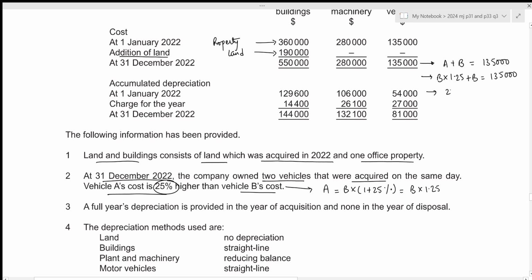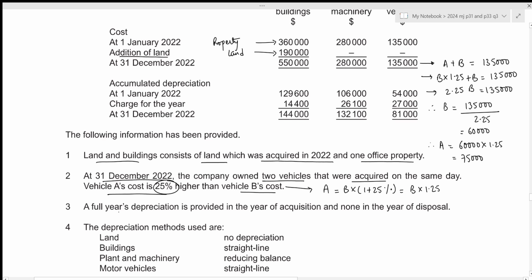This just means that 2.25B will be equal to 135,000. Now this gives us the cost of B to be 135,000 divided by 2.25, which results in 60,000. Then we can also get the cost for A, which is the cost of B, 60,000, times 1.25, which results in 75,000.